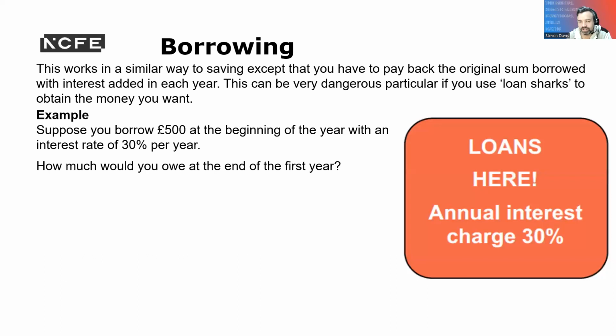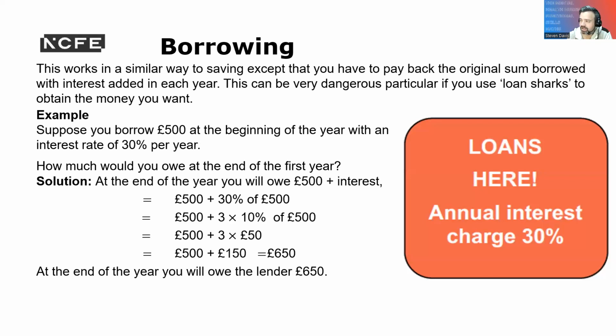So we need to do 30%. So 10% of 500 is where you need to go first, because that's easy. Then you can work out your 30%. So we're looking at 10% of 500 is 50. So 3 lots would be 150.